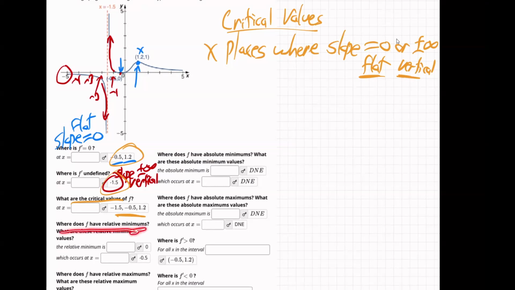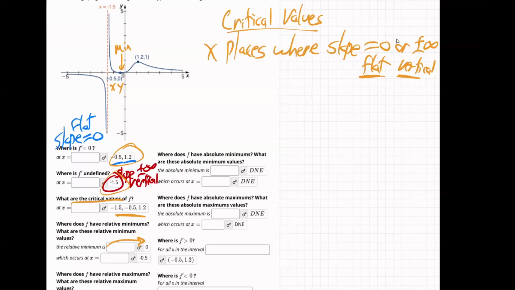Okay, where does f have a relative minimum? That means minimum in its vicinity. So that'd be right here. And that's really it. Wait, let me get rid of some of my scribbling all over this thing. So again, where is the relative minimum? Oh yeah. So it's at x equals -0.5. That's the x value, right? This is a minimum right here, and this is the x, and this is the y. The y is 0.